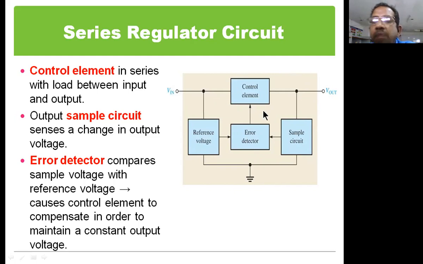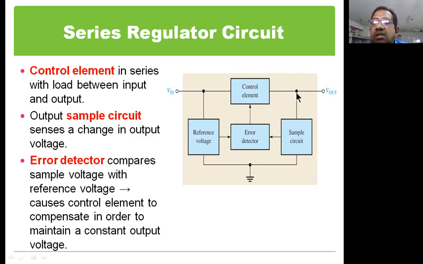In doing so, the control unit draws more current to the ground, thereby allowing very little current to flow through Vout. Based on the amount of increase in voltage, that much decrease in current will come as the output of the control unit. So the control unit is going to produce less current if Vout increases.